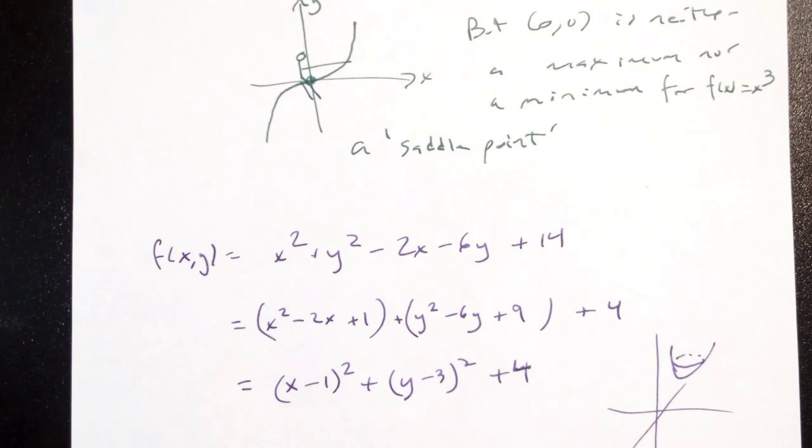So let's find the critical points. If we've got them, they will occur where our first derivatives are 0. So let's take our first derivatives. Partial with respect to x.